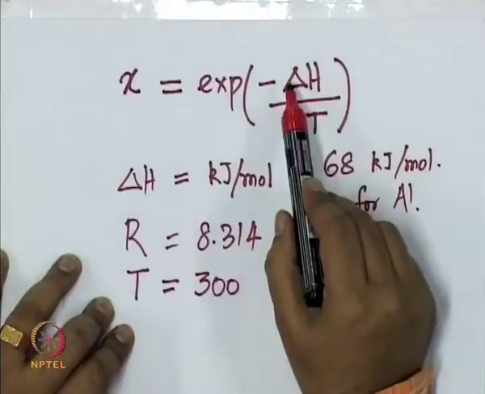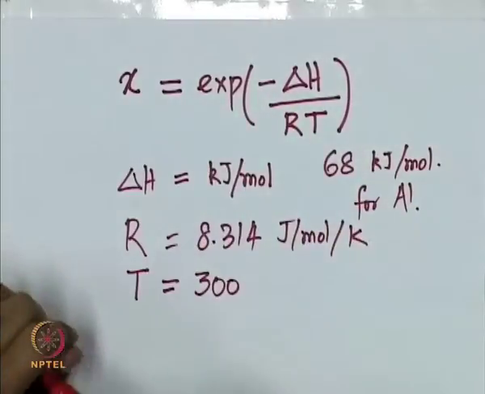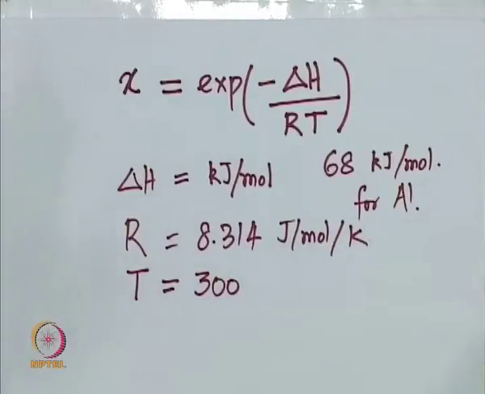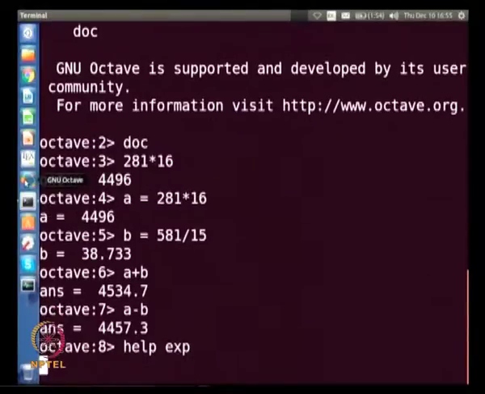Now, you know how to do this, because that is what we did just now, but how do I get the exponential? You might guess that the command would be exp. So, I am going to show you how to ask for help. You can say help exp.